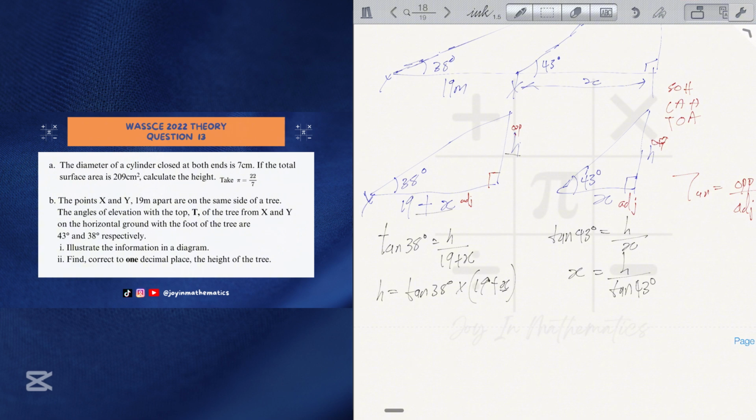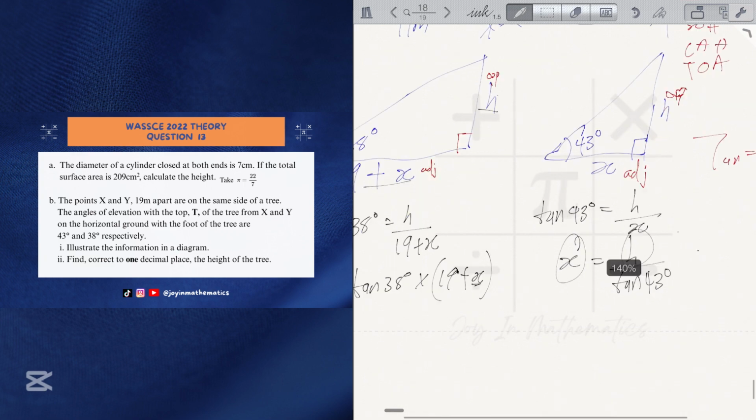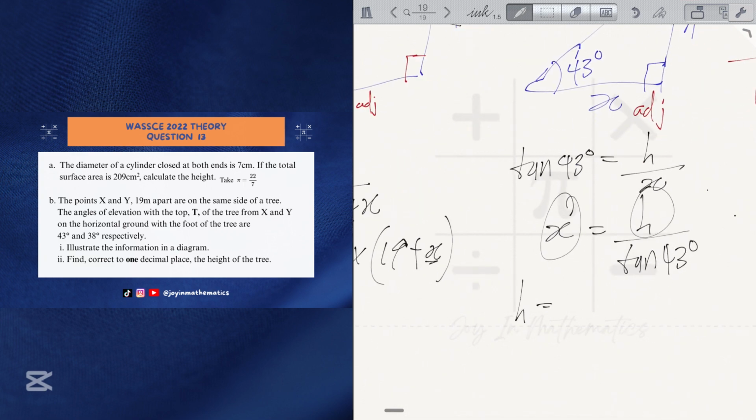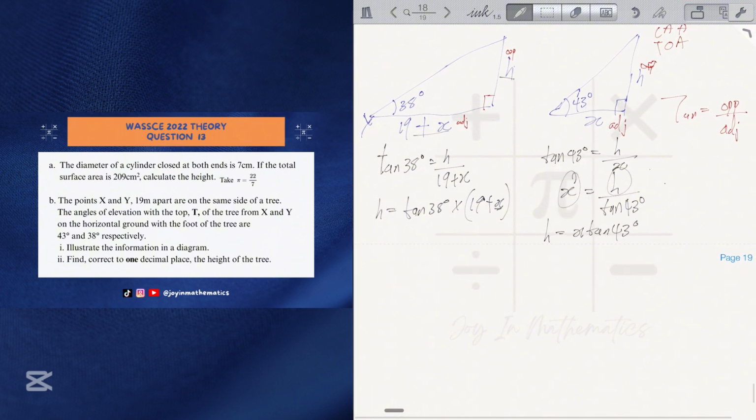Now, if x is equals to h over tan 43 degrees, you can see that I still can't find the value of x because I need the value of h. So in view of this, we have to make h subject of the formula. So h is equals to x tan 43 degrees. Now you will see something in the formula. h is equals to this and h is equals to this.